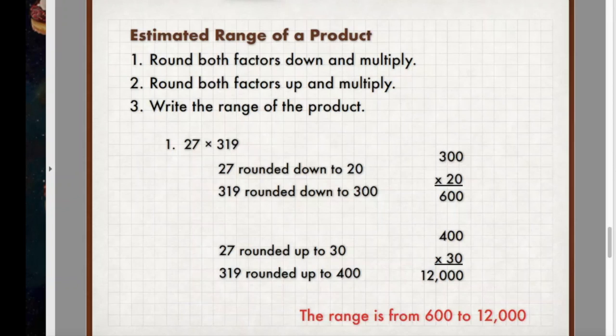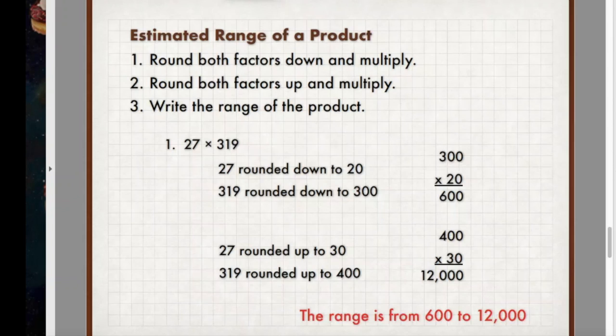A range is the lowest possible to the highest possible. I'm not asking for an exact rounding. I'm looking for the range. So lowest possible, we round 27 down to 20, 319 down to 300. We multiply those and we get 600.